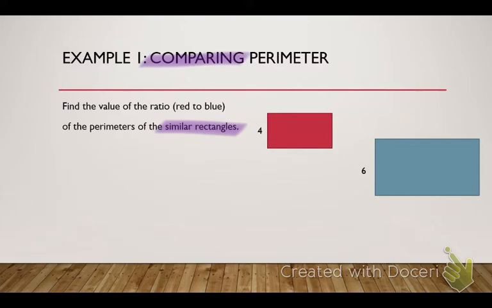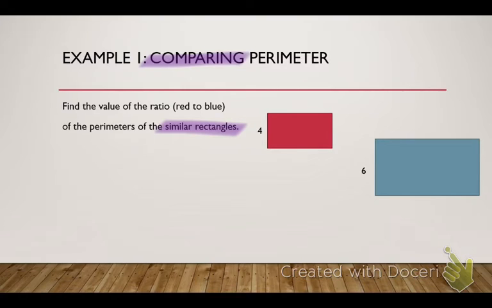If they're not similar, I cannot use ratios and proportions to compare these objects. They must be similar. So that sounds like a good true-false question. If I said two figures do not have to be similar in order to use ratios to compare their values, that's false. They do have to be similar in order to use ratios to compare, in this case, their side lengths.